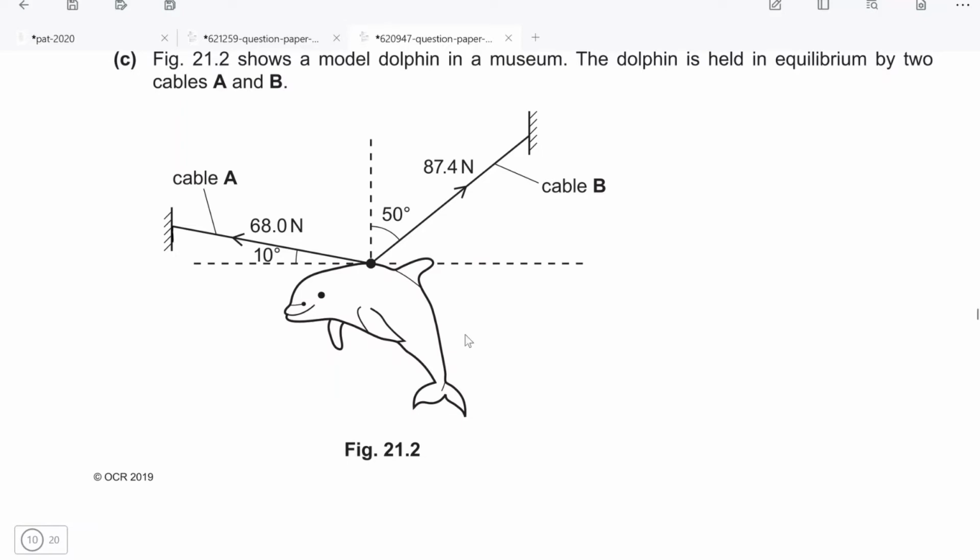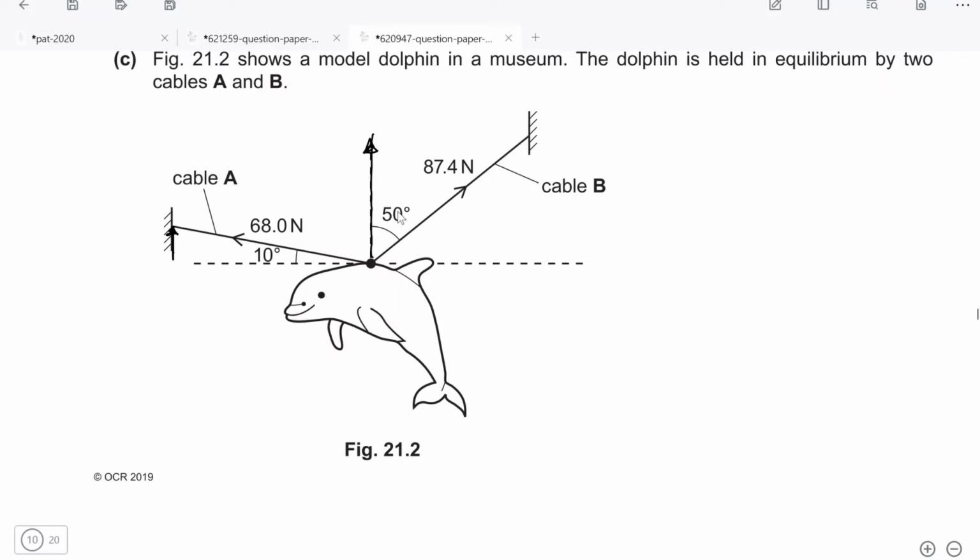One of them is going to be this one here, then another one, if we were to resolve this one, let's resolve it along here, will be this one over here. So the total vertical force will be found by this one plus this one here.